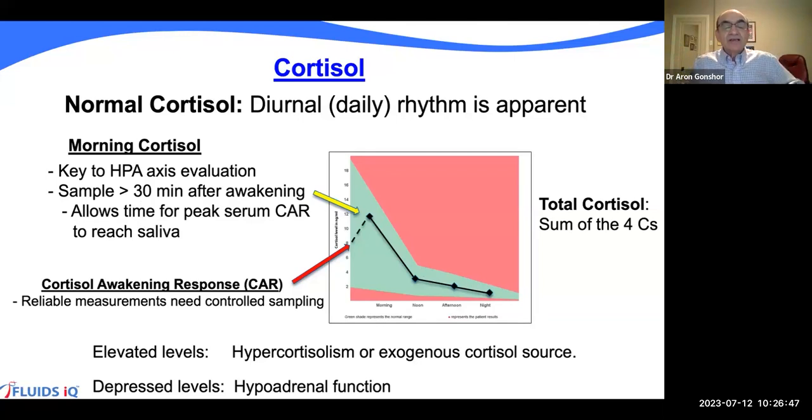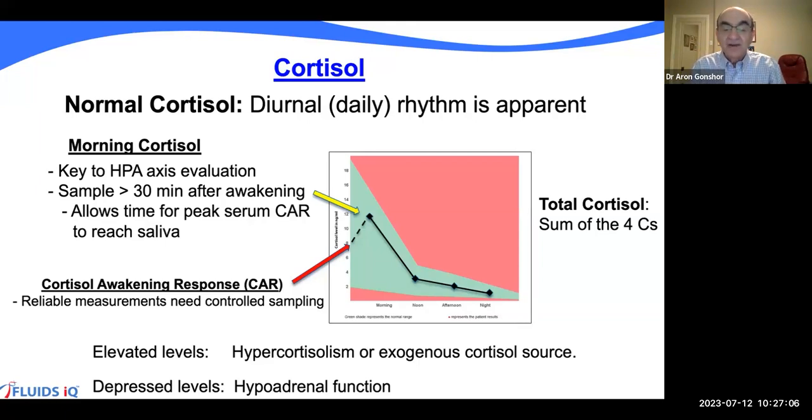And that allows the cortisol to come from where it is when you initially wake up to the serum peak in the morning. And that's called CAR, which is the cortisol awakening response. And I want to just put a caveat here.